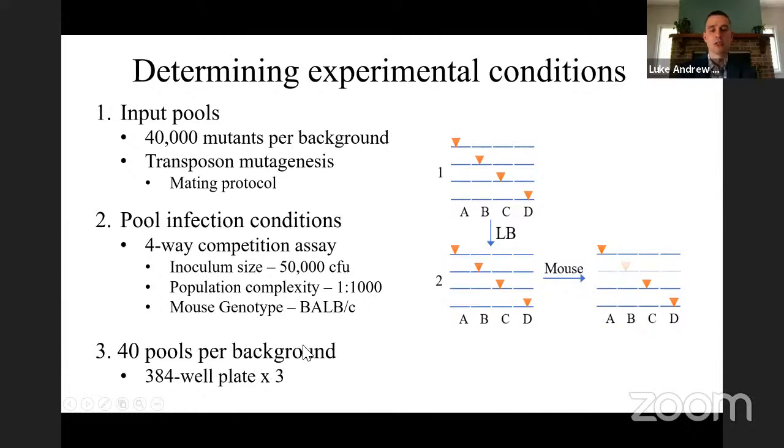And then as Jim mentioned, we took advantage of a colony picking robot, thanks to the MMG team over at the IGB, in which the robot can pick individual colonies off the mating selection plate and inoculate that into 384 well plates. So we decided to use 384 well plates to make an individual pool, which put us in the neighborhood of around 45,000 mutants in a wild type and a SOD1 mutant background.